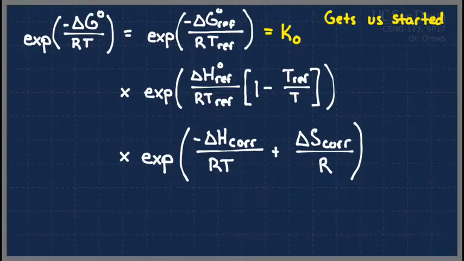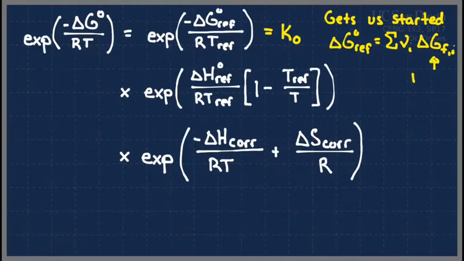The reason that this gets us started is because delta G ref is equal to the sum of the stoichiometric coefficients times delta G of formation. The advantage here is this is tabulated. You can go look up Gibbs free energies of formation, just like we would have seen enthalpies of formation in CENG 100. They probably popped up somewhere along the way in 102.